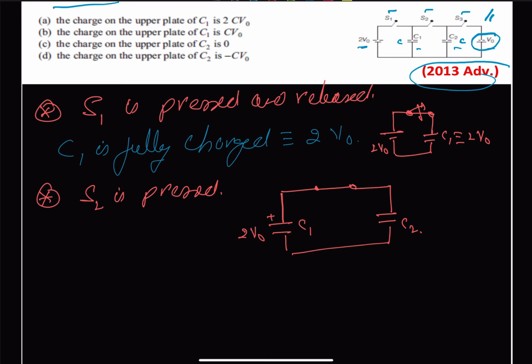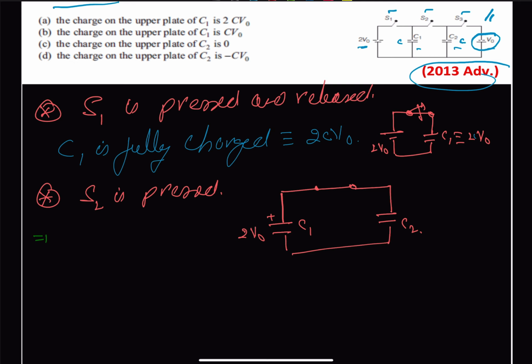As soon as S2 is pressed, the charge will be equally distributed between C1 and C2. I missed one thing here: the charge on C1 will be twice CV0 because it is fully charged.